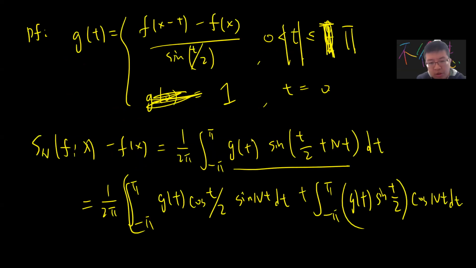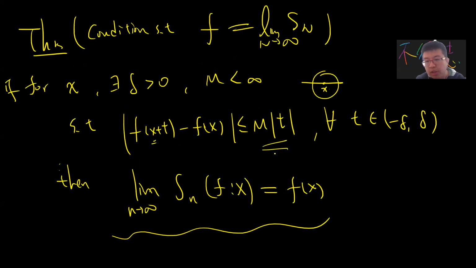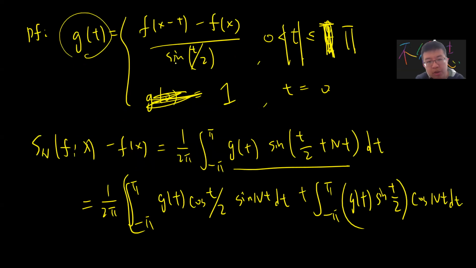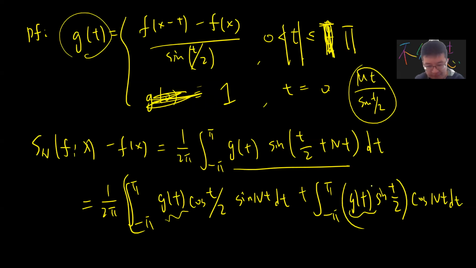Okay, so now particularly this g(t) is bounded, right? The reason is that f(x minus t) minus f(x) by definition is bounded by this M(t), so you're doing M(t) divided by sine(t/2). So this guy is bounded. Okay, so if your t goes to 0, it will not blow up, right? Because it becomes M(t) divided by sine(t/2), so this guy is bounded.